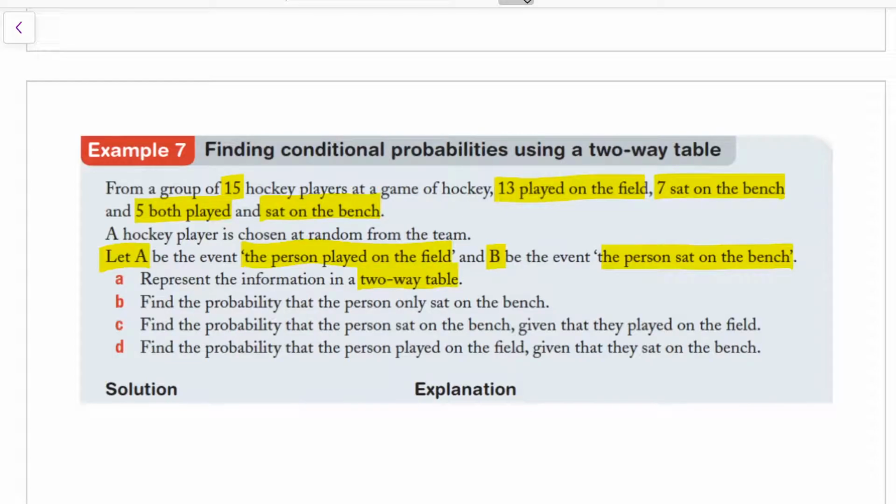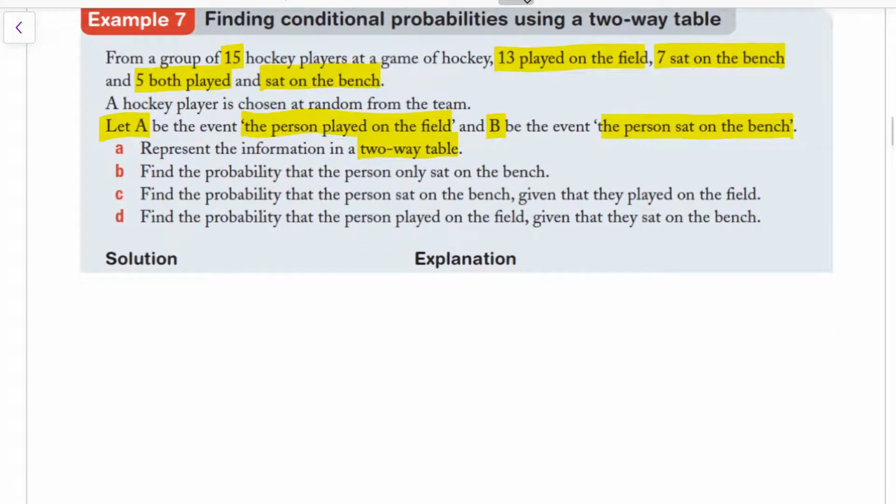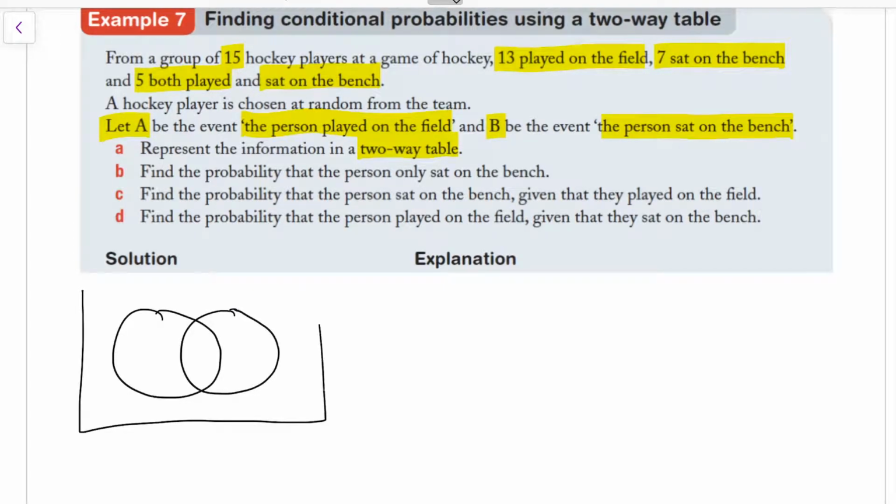All right. Let's just stop there and let's think about our two-way table. Now for you, you might feel more comfortable putting this into a Venn diagram first. Personally, I prefer a Venn diagram, so I like to put it in the Venn diagram first. Now just bear in mind that they haven't used the word only in our wording in the question.